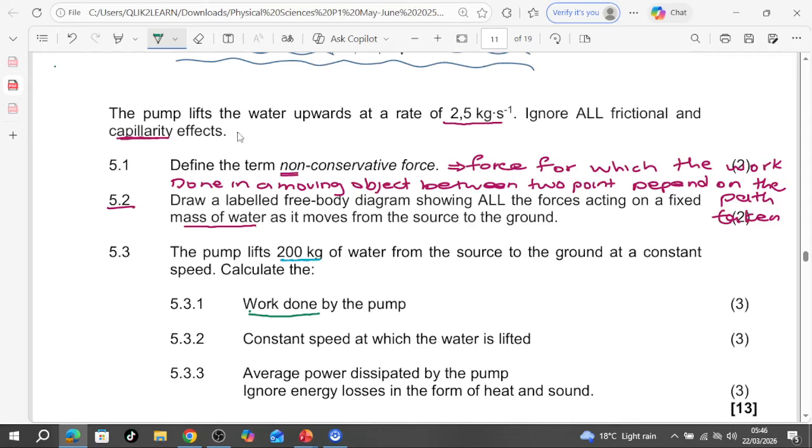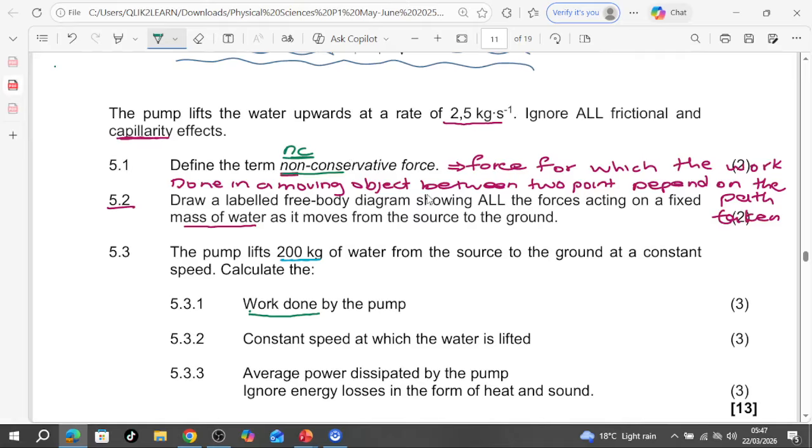I said that each and every question will start by asking you to define something, and most of the calculation will be based on that definition: non-conservative force. So this is NC, the work done by a non-conservative force. On your work, energy and power, go and look for the formula that has NC. Then you will definitely have an idea of what you need to do.